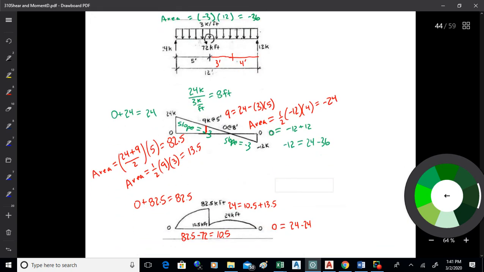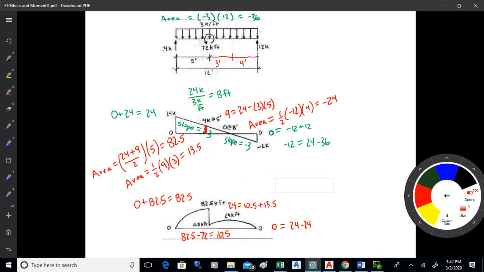See, I've got that line I want to draw at 5 feet over because I know there's going to be a discontinuity in the moment diagram at that point. That's why I'm drawing that red line in there on the shear diagram right here, because I want to find the area of that trapezoid on the left. The average height of that is 24 plus 9 over 2, which I think is 16 and a half times 5, which would be whatever, 82 and a half, I think.